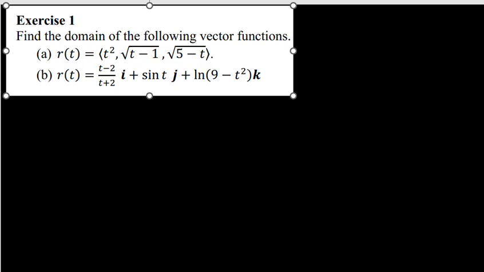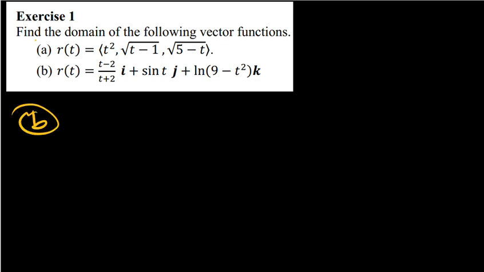Let's look at the last question, the B. We are to find the domain of r of t is equal to t minus 2 over t plus 2 i plus sine t j plus ln of 9 minus t squared k.